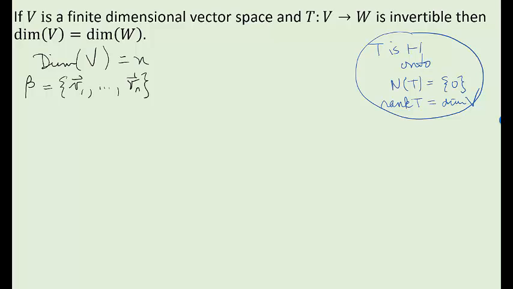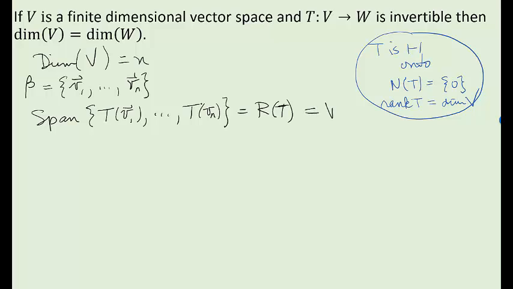Now, since that's true, we know that the span of the set T of V1 up through T of V sub n is equal to the range of T. And since T is onto, we know that it spans W. We know that the nullity of T is equal to 0 because the null space only has the 0 vector in it because T is 1 to 1.